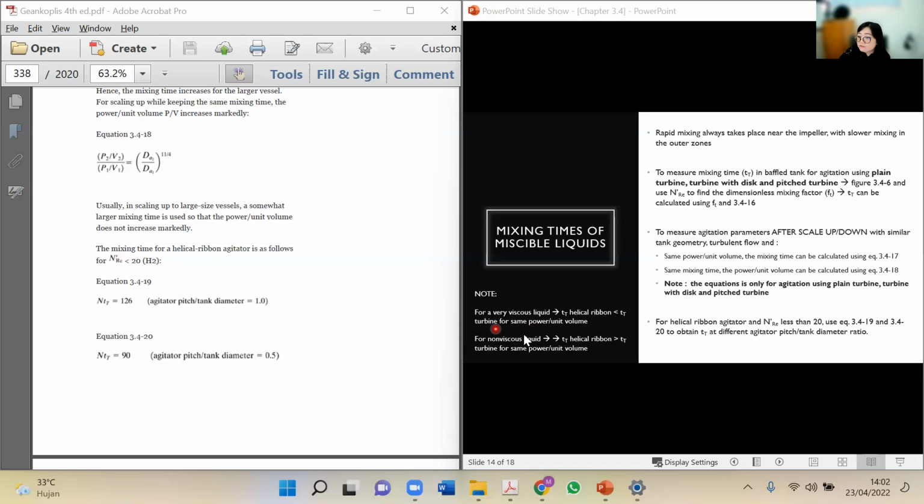Meanwhile, for a non-viscous liquid, the mixing time Tt for the helical ribbon will be higher, or longer, than for the turbine type of agitator, for the same power per unit volume.